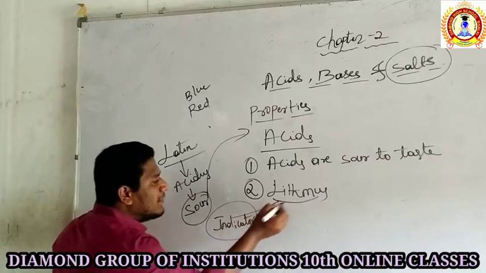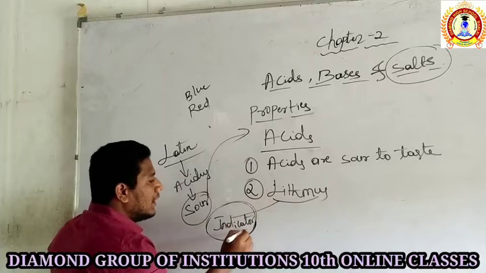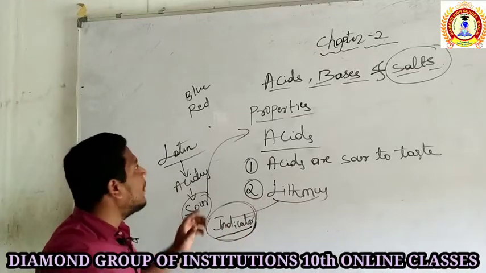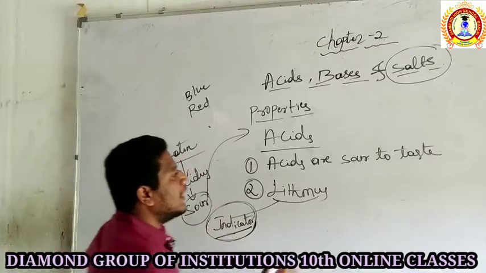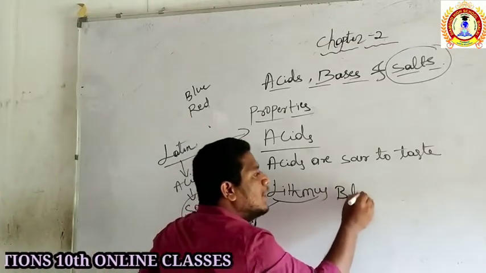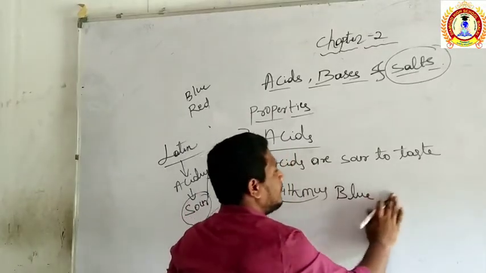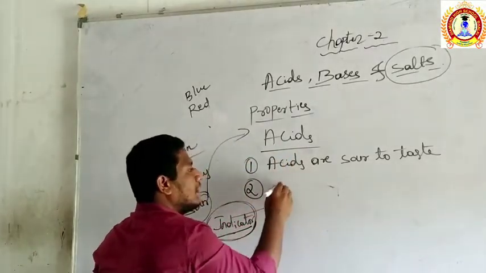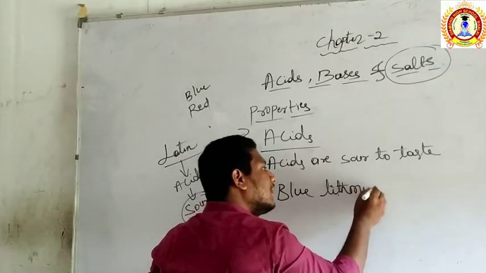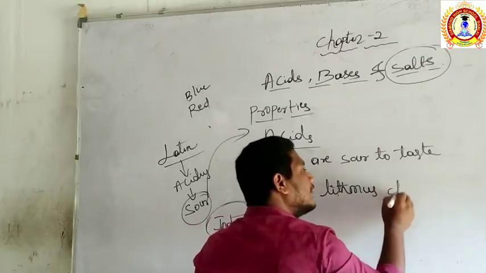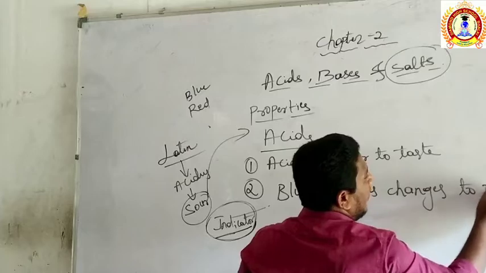Now we are using litmus as an indicator here, and there are two kinds of litmus paper, one blue and another red. In acid, the blue litmus changes to red.